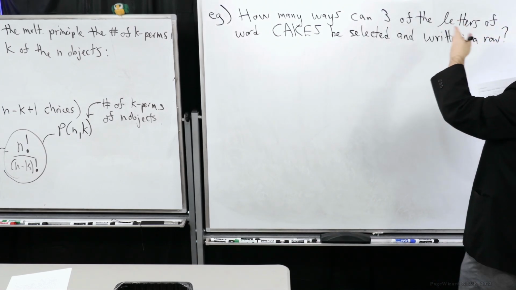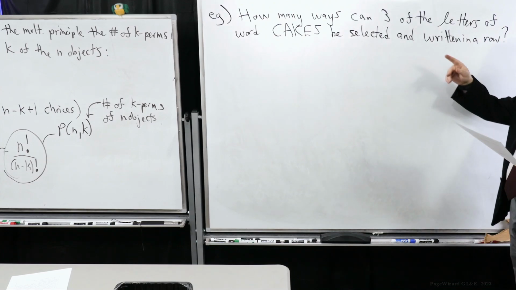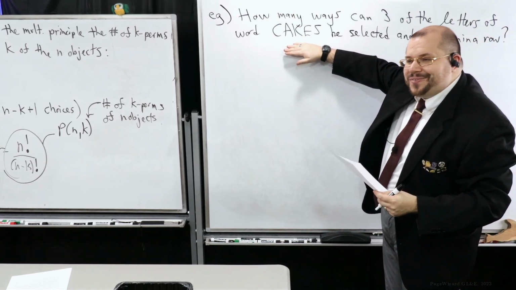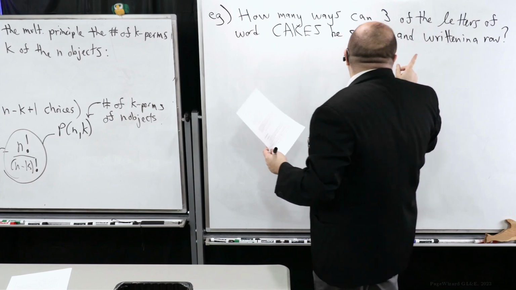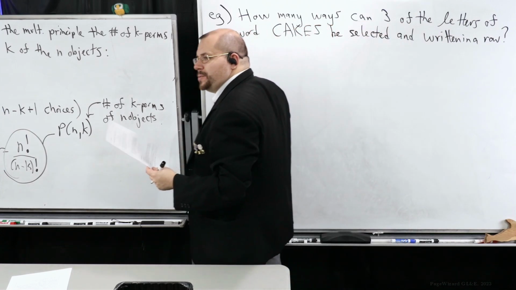So how many ways can 3 of the letters of the word cakes, which I might note has 5 letters, be selected and written in a row?